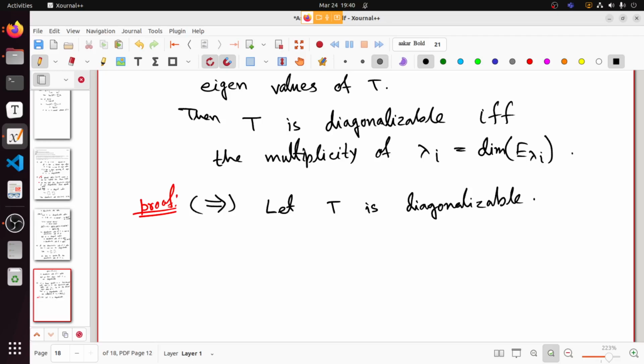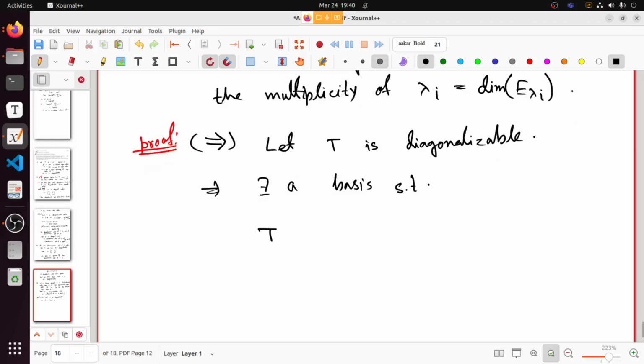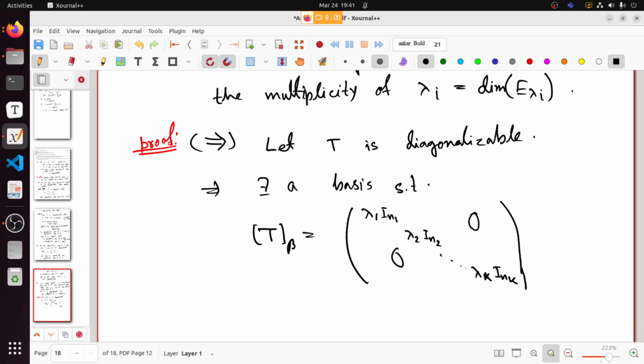By interchanging the basis, there exists a basis, suppose say beta, such that the corresponding matrix of T can be written as lambda 1 I n1, with multiplicity, say, n1 for lambda 1, then lambda 2 I n2, and so on up to lambda k I nk, and all others are 0. This we have done by reordering the basis.